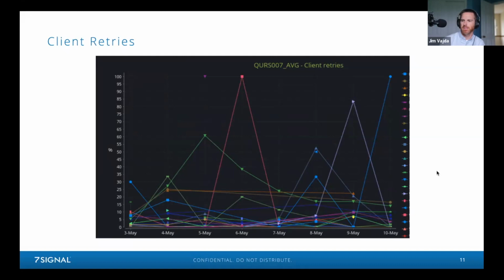Yeah, this is very useful, right? Because we're looking at the retried data frames for just the iOS devices in this Wi-Fi network. And although we've cut it off for privacy purposes, each of these lines represents a different MAC address, a different unique client. We can see there are a couple of days where some devices have really struggled. Some have had 100% average retry rates for a whole day.